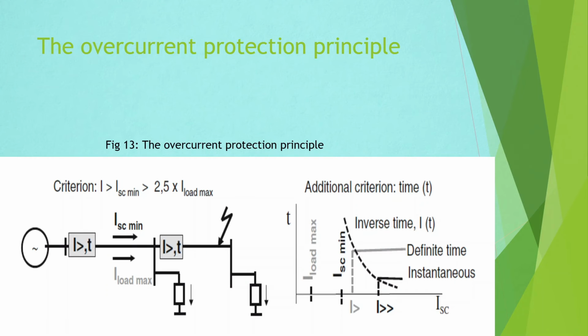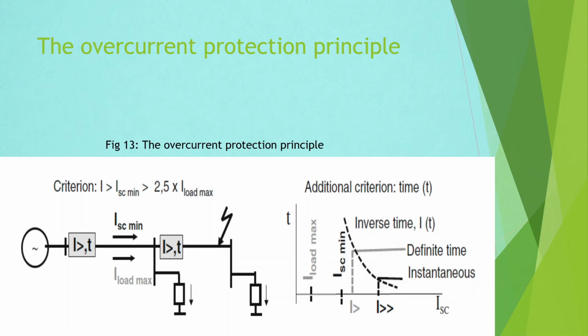In the HV line protection scheme, the directional overcurrent principle is often used for backup protection combined with the main distance protection. The overcurrent protection principle is based on the simple criterion: the increased current in case of fault, as demonstrated in the figure. The overcurrent protection has to trip the circuit breaker faster the higher the short circuit is.